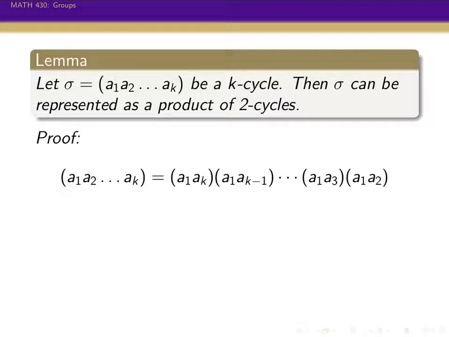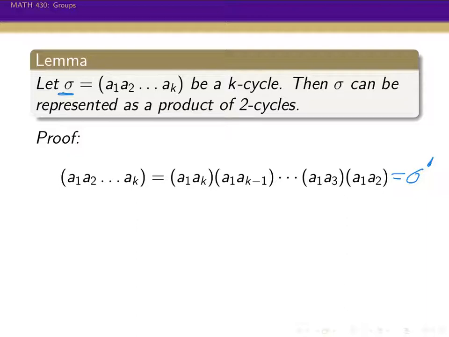So one thing in particular, let's call this element right here sigma prime to differentiate from our original sigma, and we want to claim that sigma prime is equal to sigma.